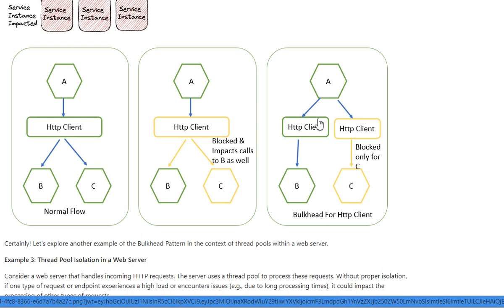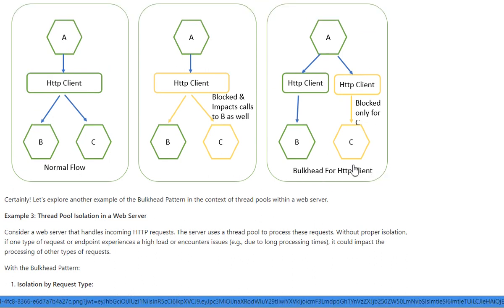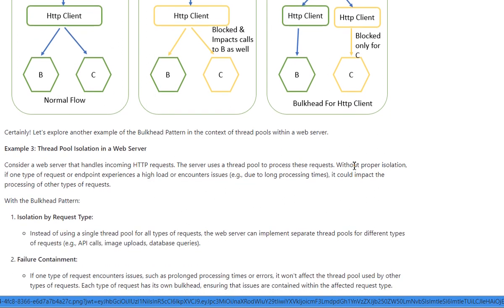So let's say if client C is blocked, block C is impacted, but it's not going to impact block B. And this is how we are going to scale things. One client is not dependent on the other client here, if you can see. So through the HTTP client, we can see that this also uses the bulkhead design pattern.